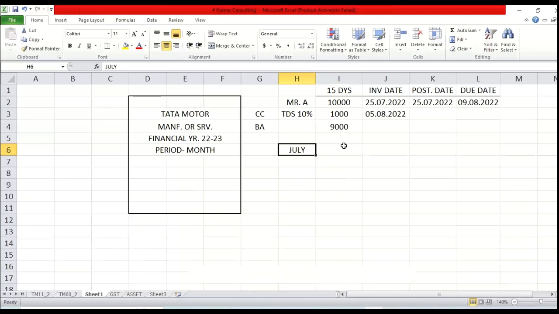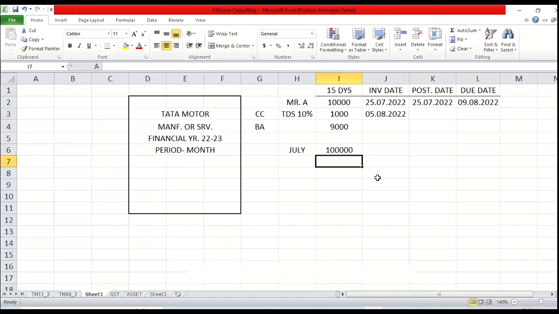So in the period of July, what we have done overall, let's suppose 1 lakh worth of invoices we have posted, right? In July period, overall, what is happening, guys? 1 lakh worth of invoices we have posted.